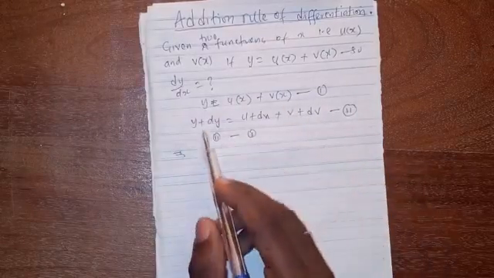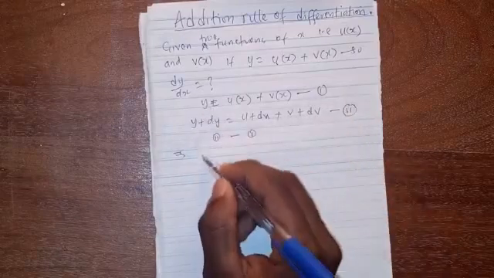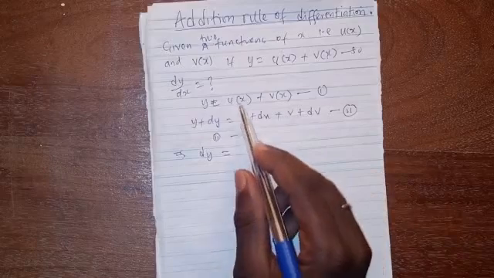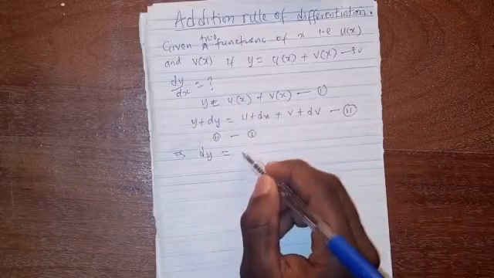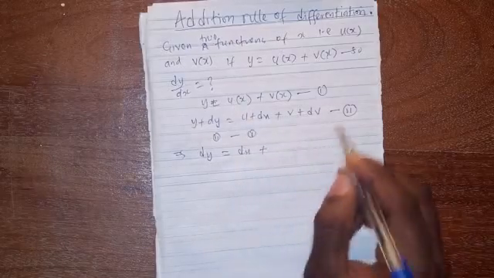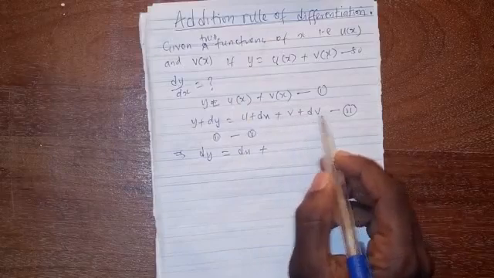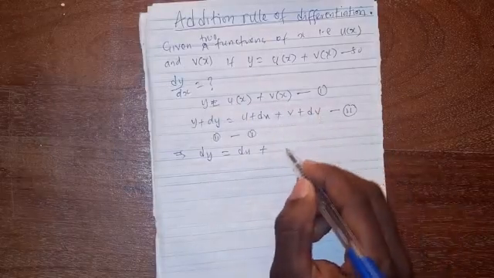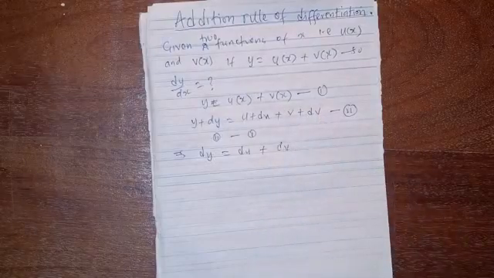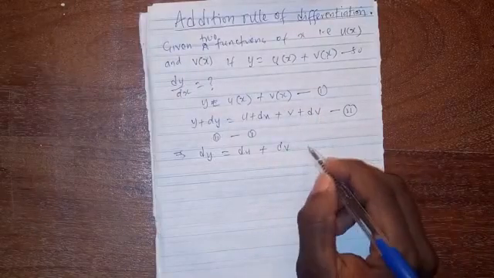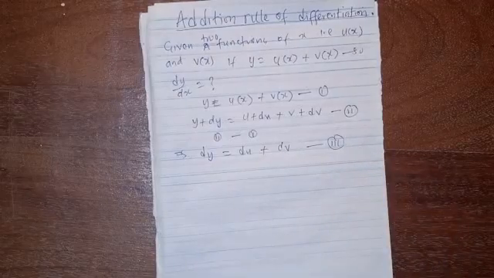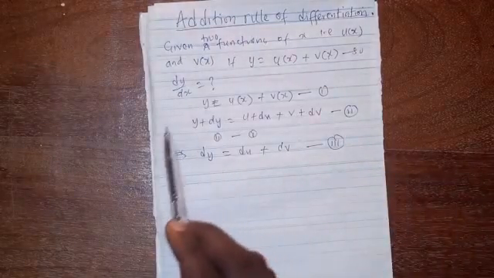We are left with dy equals, we cancel u, so we have du plus, v minus v gives us dv. Are you getting what I'm saying now? This is equation 3.